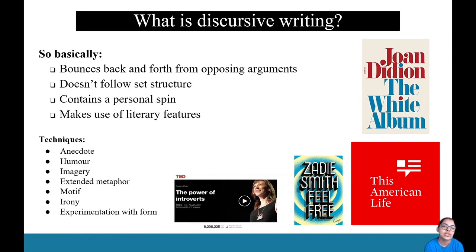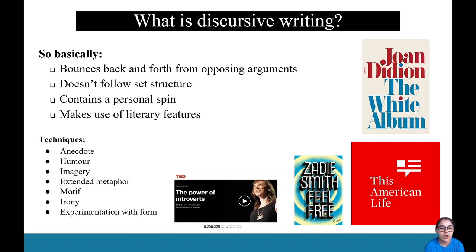With creative, usually the structure is the beginning, the complication, the resolution sort of thing. It does change a bit in year 12 because you have a bit more freedom with form, but that's generally the thing with creative writing.